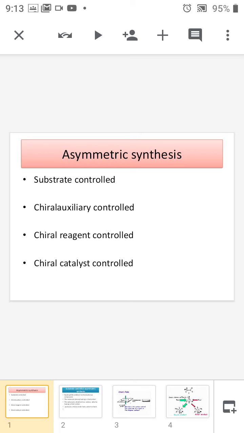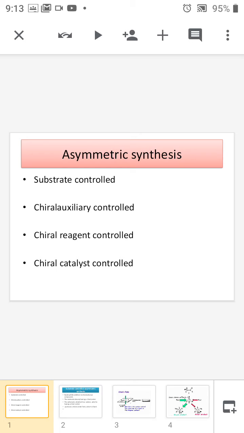That type of optically active bulky compound, which is connected to the starting material only for doing the asymmetric synthesis, is the chiral auxiliary compound. Next is the chiral reagent controlled.